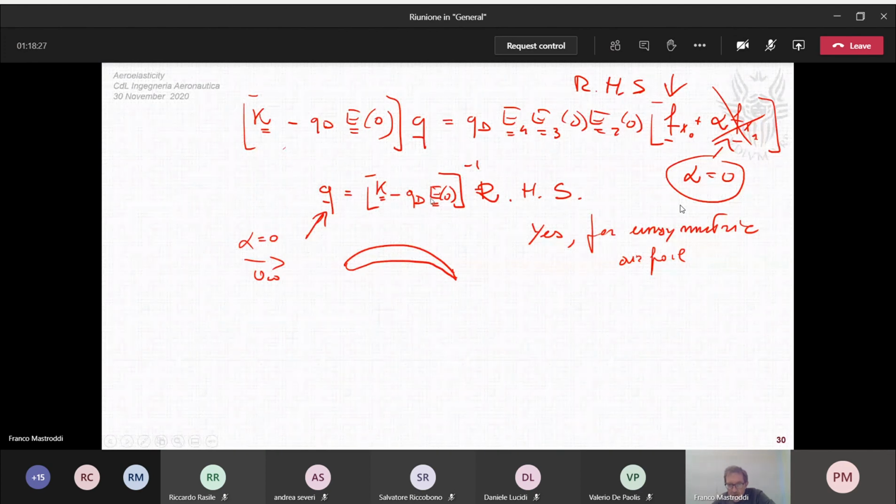Do you know any kind of condition such that this matrix may not be inverted for solving our static elastic problem? Okay, this is the question. You have a few minutes during your coffee break for looking for a solution.